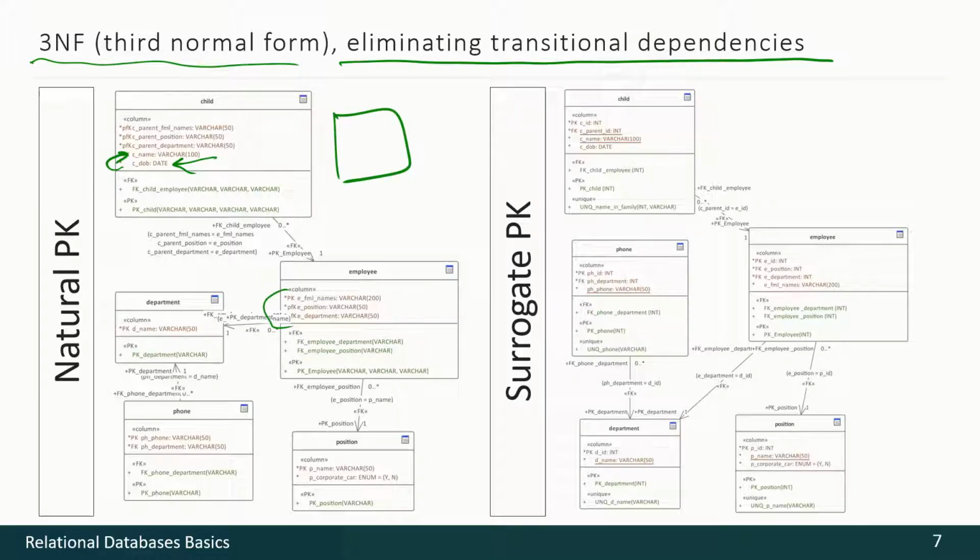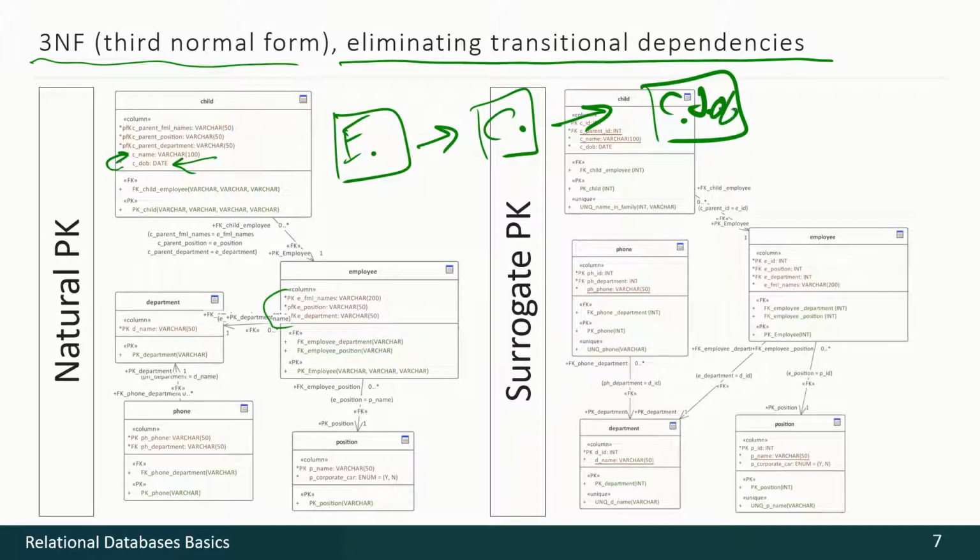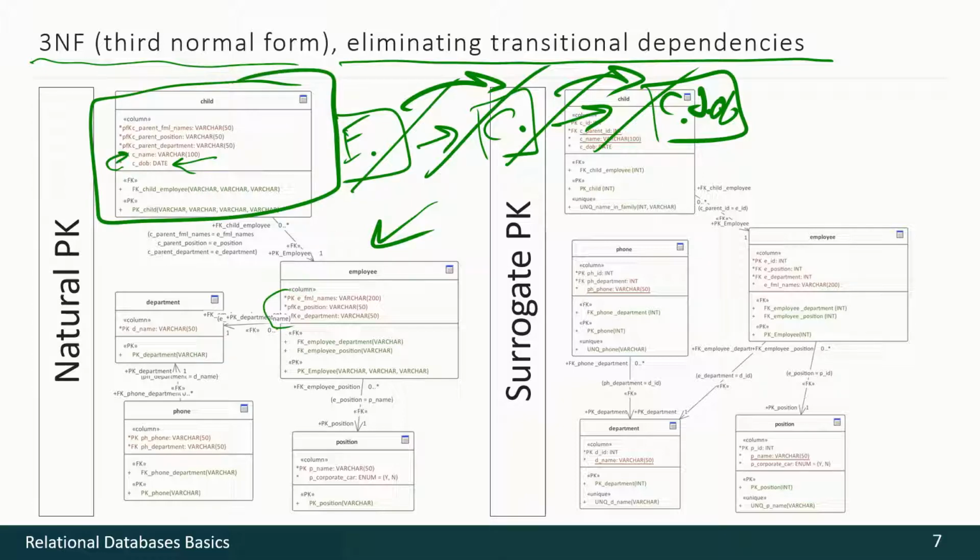So we have our employee, then child, and then that child date of birth. That's the transitional dependency that was here and now it's not here, as long as this is the final view. How did we eliminate that dependency? We've moved information about children into a separate relation. And now we may analyze the situation and see if we for real have the third normal form.